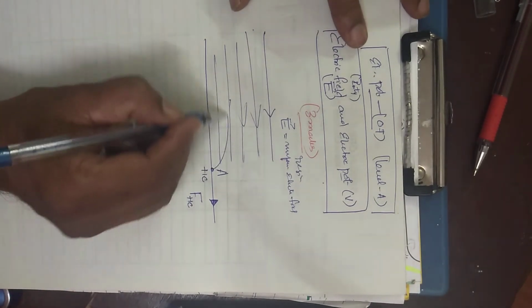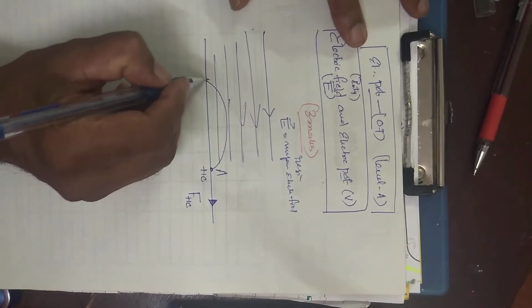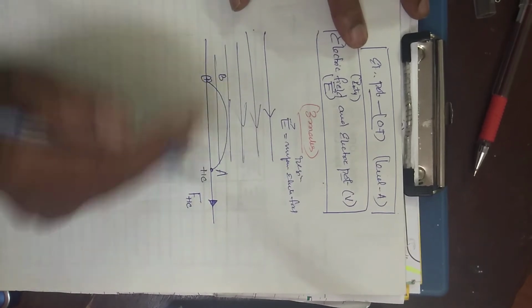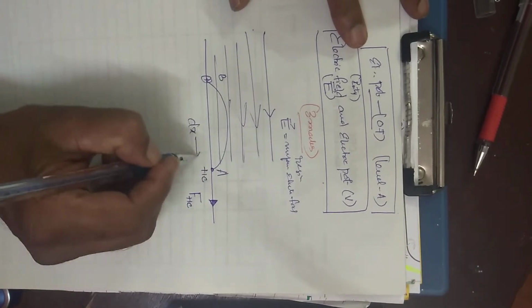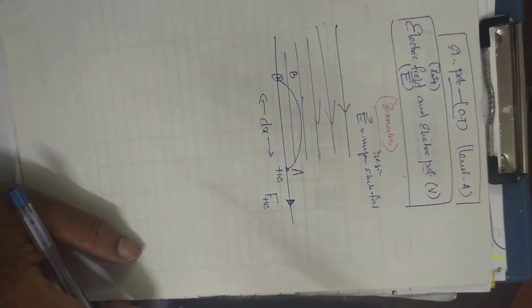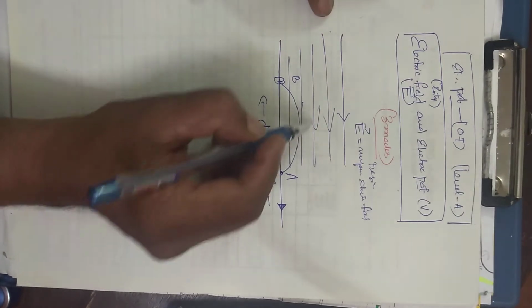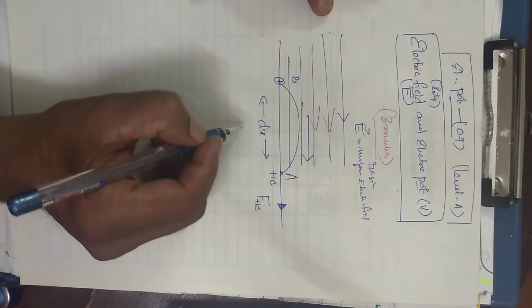Now from A to B, through a small distance, I am displacing the unit positive charge against the field direction.